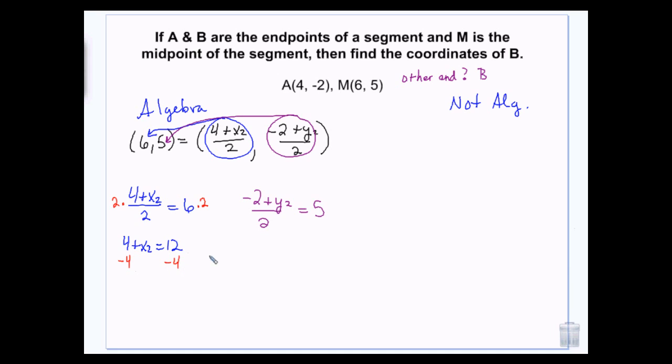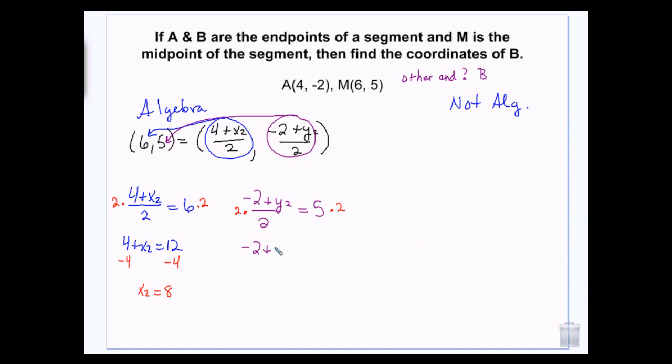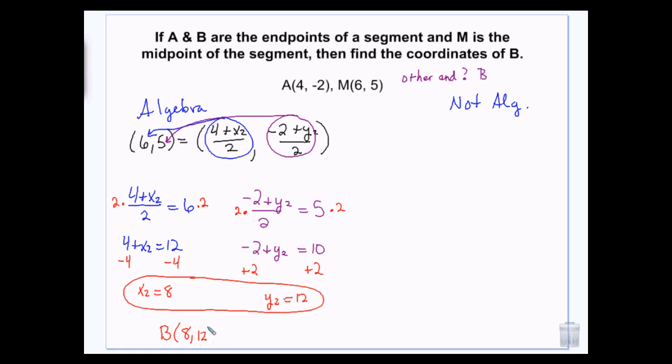Subtract 4. x2 is equal to 8. Multiply by 2. And I have negative 2 plus y2 is equal to 10. Add 2. And that gives me y2 is equal to 12. Okay, so my end point B would be 8, 12.